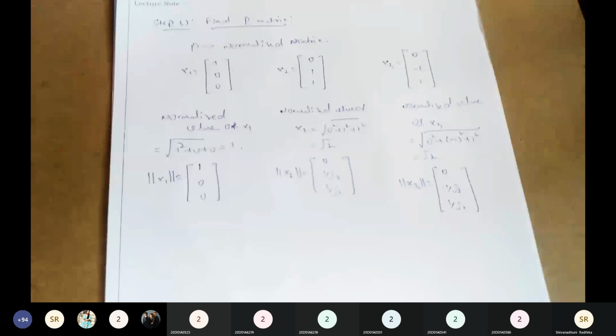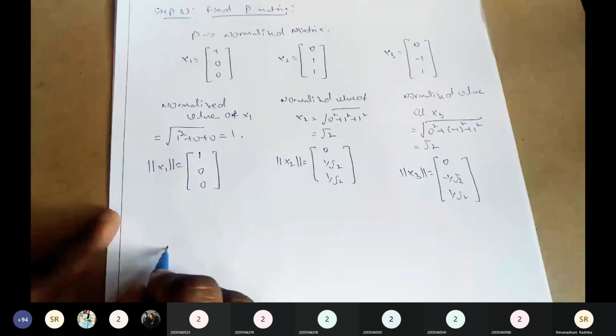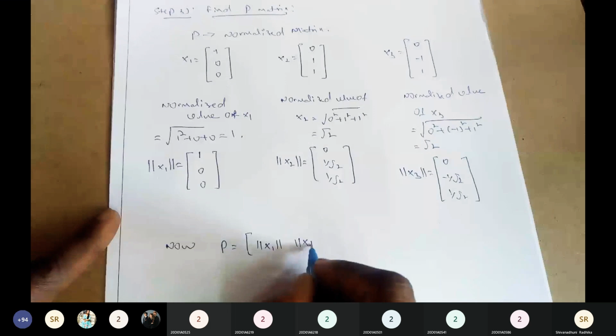Now, what is capital P here? First normalized vector, second normalized vector, third normalized vector. We need to substitute them, that is the capital P here. So 1 0 0, 0 1 by root 2, 1 by root 2.